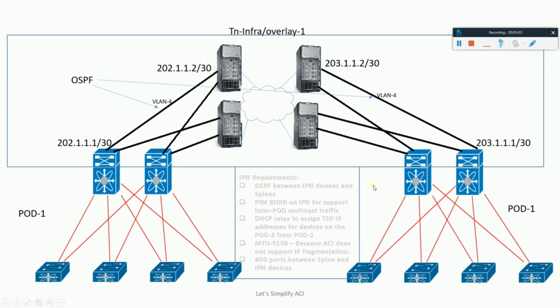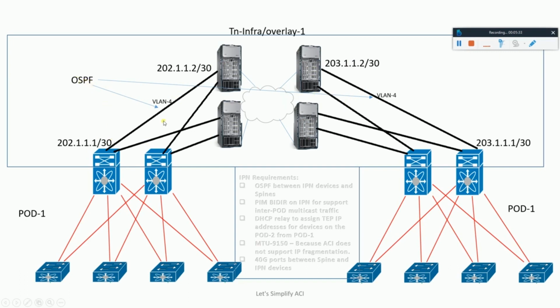This complete IPN network is configured under tenant infra slash overlay one. Overlay one is the VRF which actually runs inside the ACI fabric. So overlay one from one fabric is being extended to the overlay one of another fabric using this tenant infra. We'll check and see how these things are done.